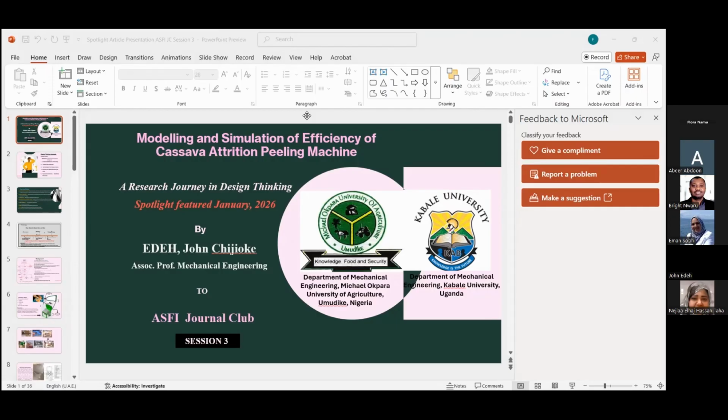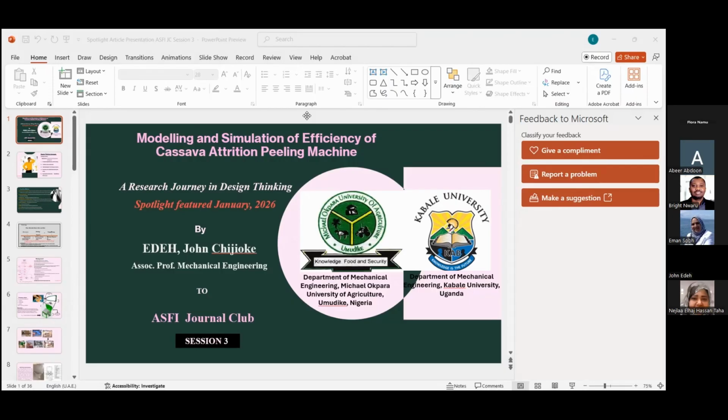So that's part of what our research journey made me understand. Just like I mentioned earlier, if you want to peel cassava, you need to understand cassava as a food product. What are the characteristics of this cassava?